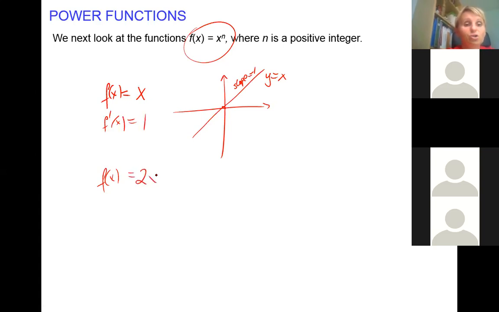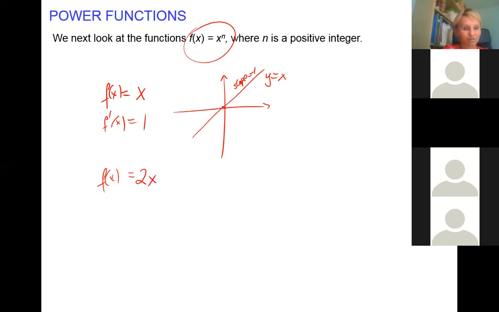What about the function 2x? What's the derivative of 2x? It's 2. Yes, that's what I want you to understand. And why is it 2? Because the slope is 2. Yes, slope is 2. That's what I want you to think: always think about the slope.